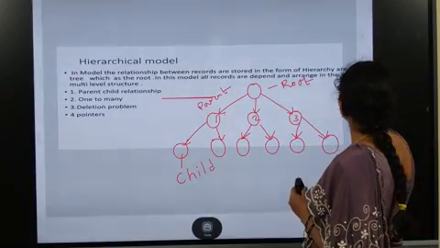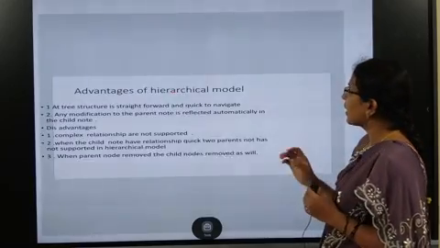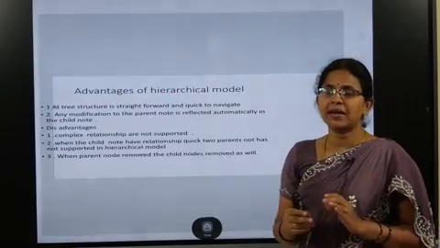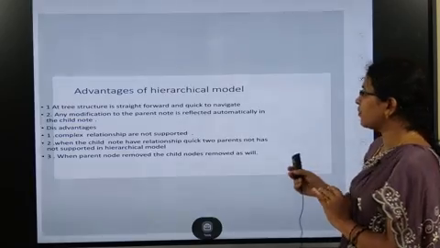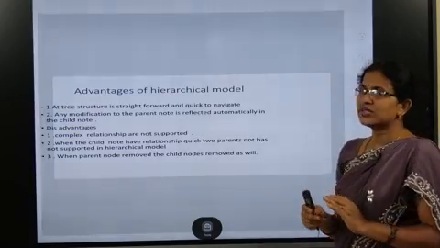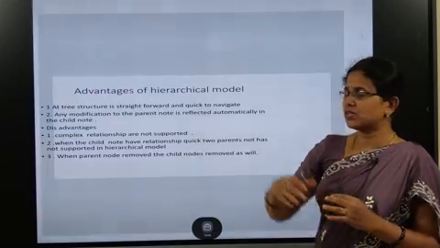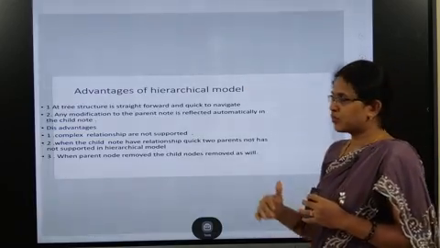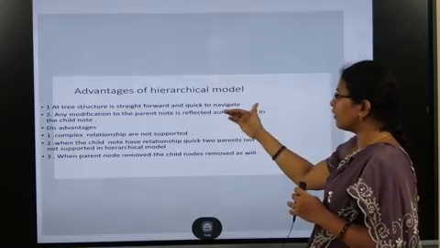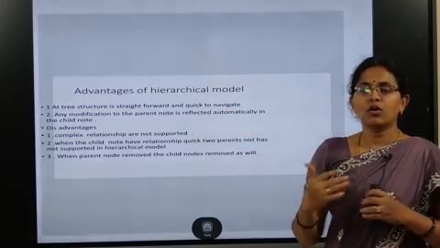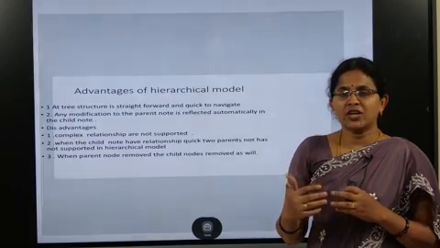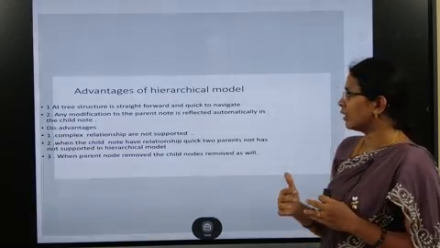Next, coming to the advantages. What are the main advantages and disadvantages of the hierarchical model? Generally a tree structure is always straightforward. It flows from top to bottom and is quick to navigate. You can navigate easily in a hierarchical model.